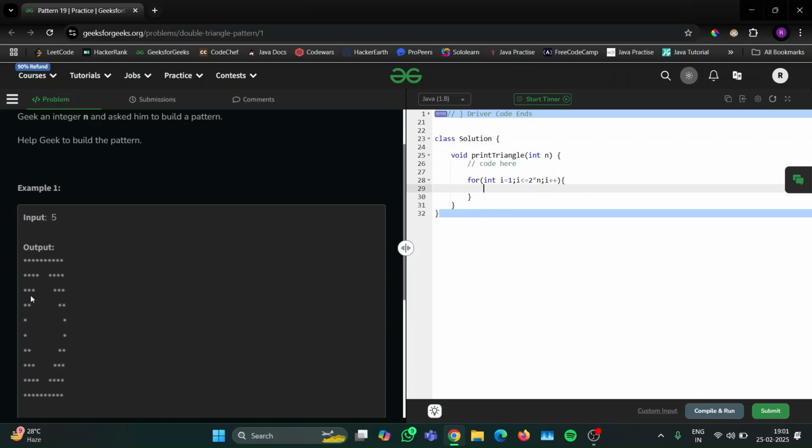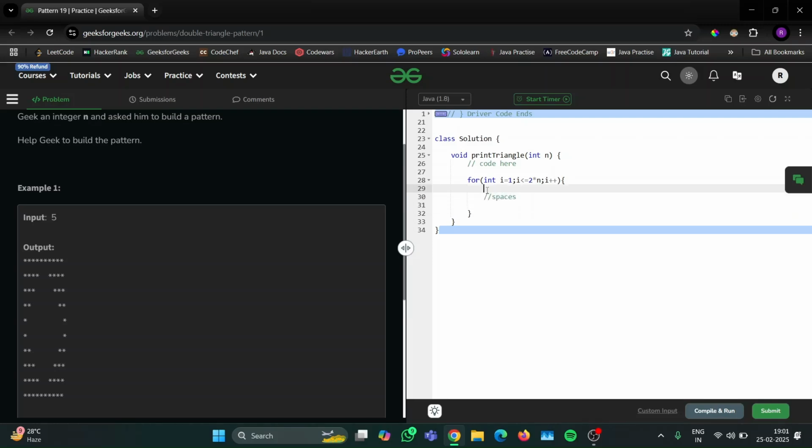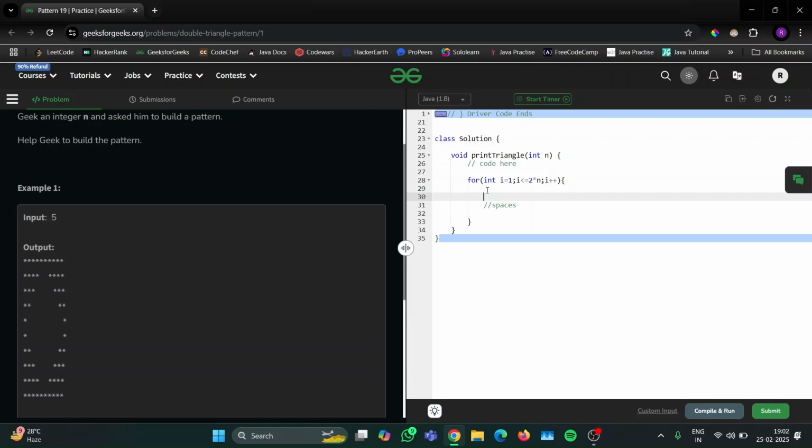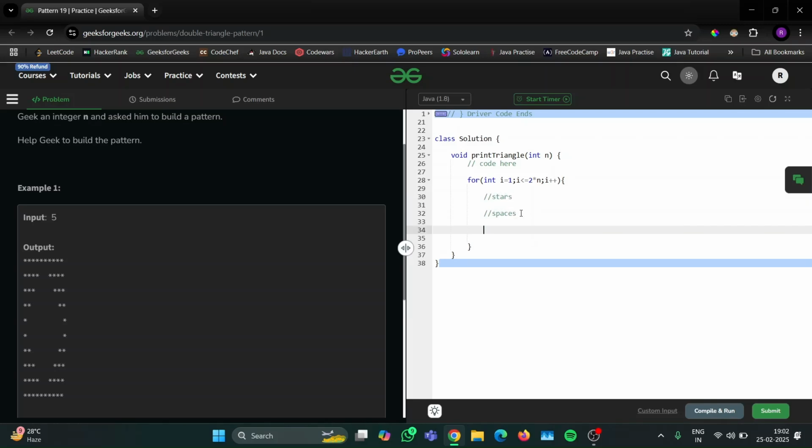The pattern that you can see over here is star space star, star space star, star space star. That means we have to implement three inner for loops, one for spaces and two for stars. Stars, spaces. Then again we have to print stars.